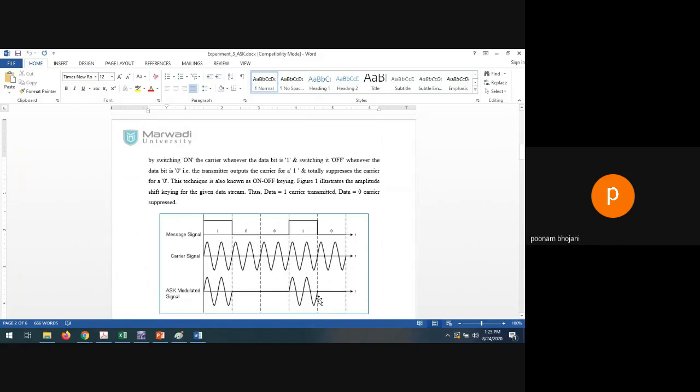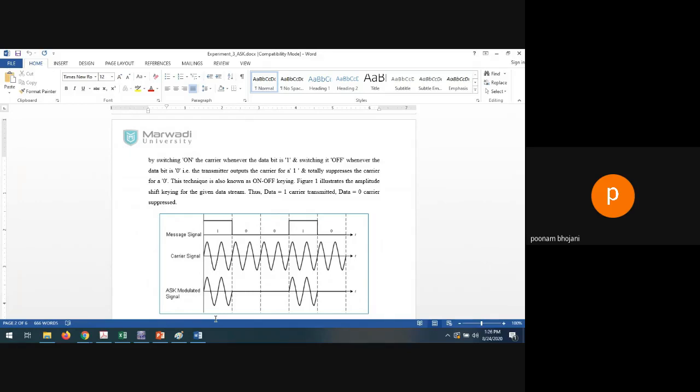Now, if you want to demodulate, it means you want to receive the original signal back. One cycle can be in a positive direction, one can be in a negative direction also. So I am again going to clip the positive or negative cycle, the same as we did for AM demodulation. I already told you that amplitude modulation and digital modulation have only one difference.